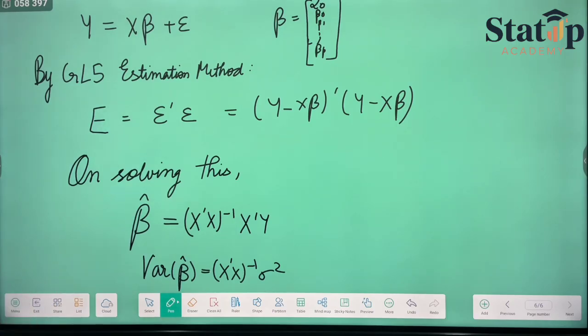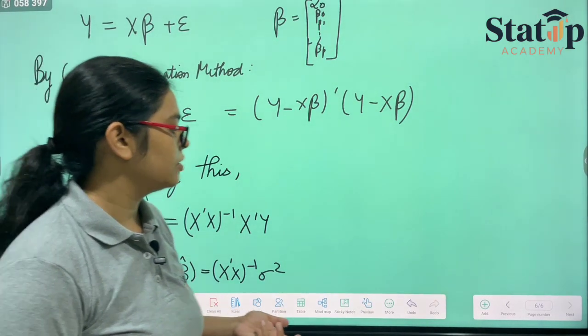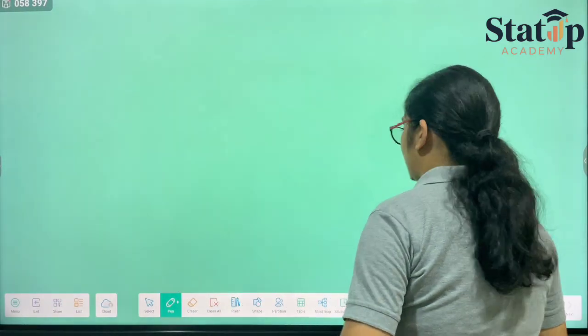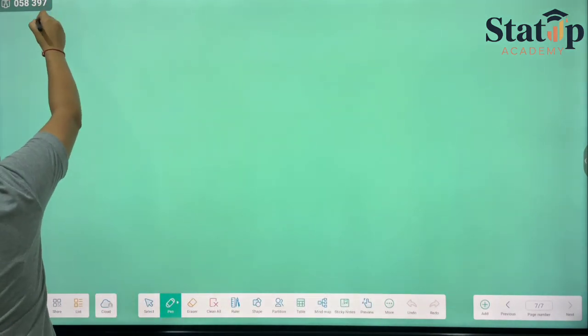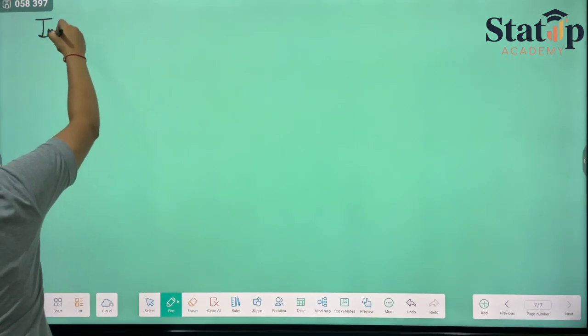Now this was the distributed lag model where our number of lags was finite. The next part is the infinite distributed lag model.